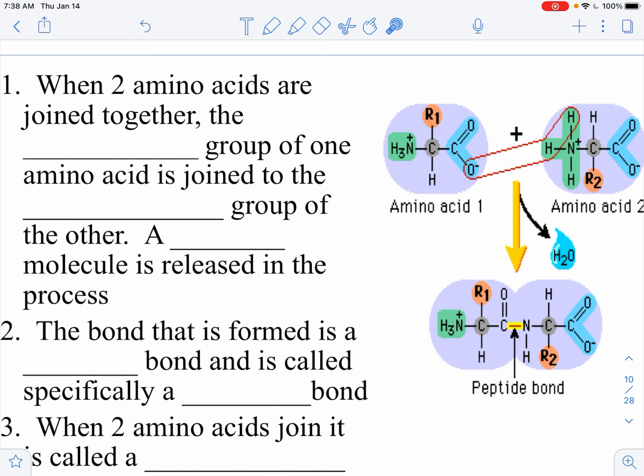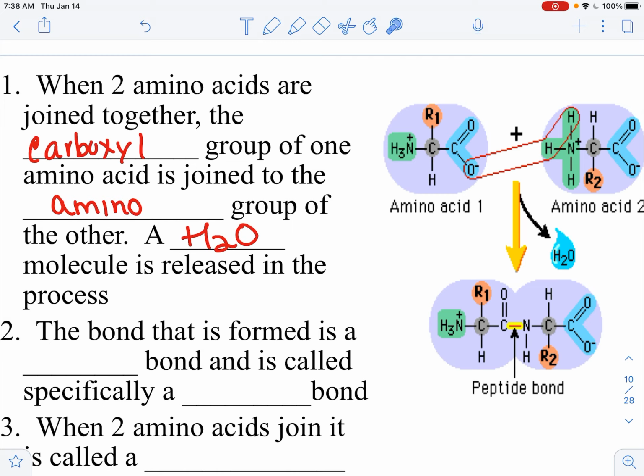So when two amino acids are joined together, the carboxyl group of the one amino acid is joined to the amino group of the other, and a water molecule is released in the process, okay? And so you can see that here.